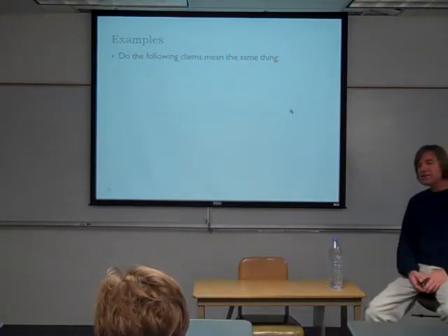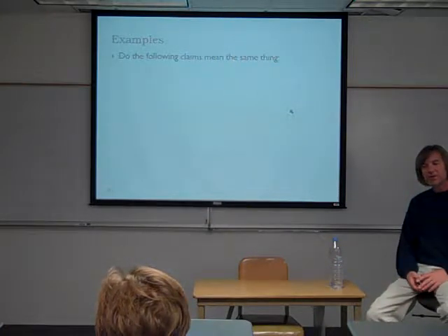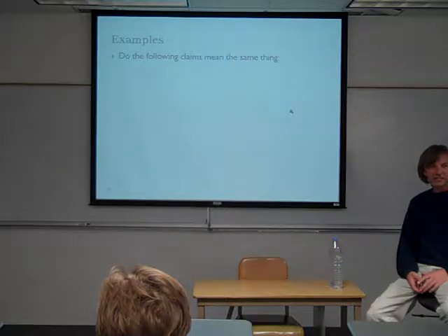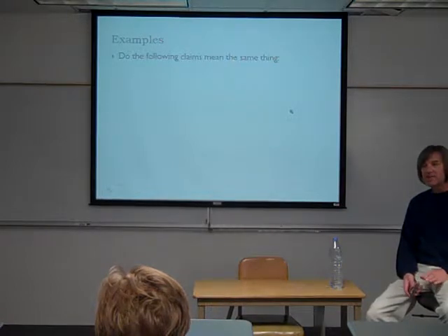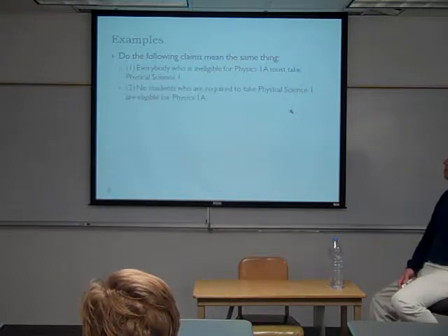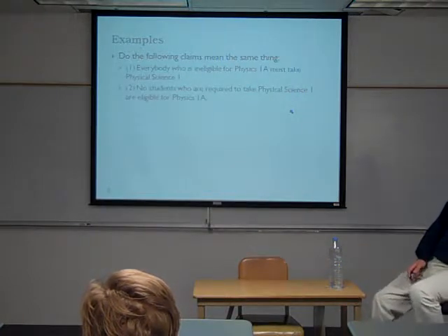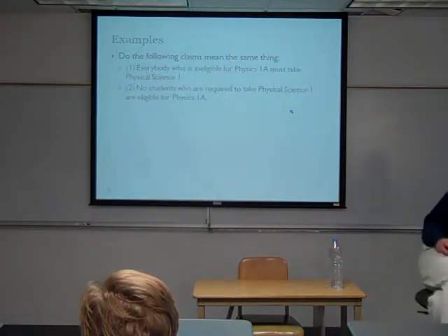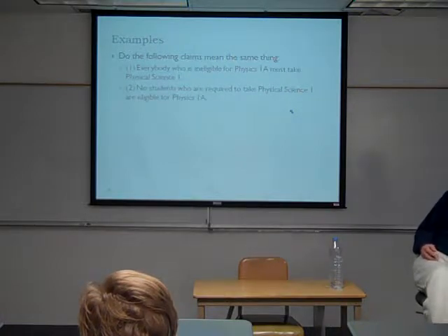Now, these examples are intended to show that it is not easy. Figuring out the logical implications of ordinary language is often not very easy. Consider these examples, number 1 and number 2. The question is, are these equivalent claims?